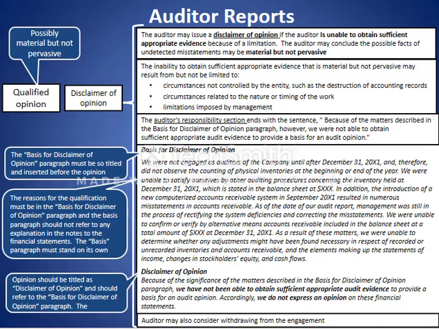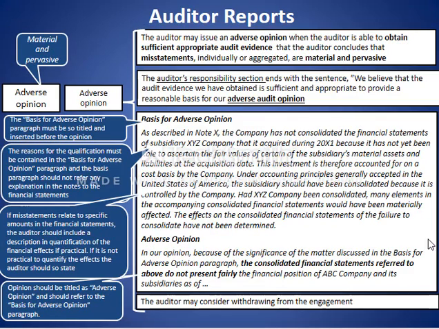Okay, let's go on and now talk about an adverse opinion. Now, an adverse opinion is basically when items in the financial statements are not only material, but they're also pervasive to the financial statements.